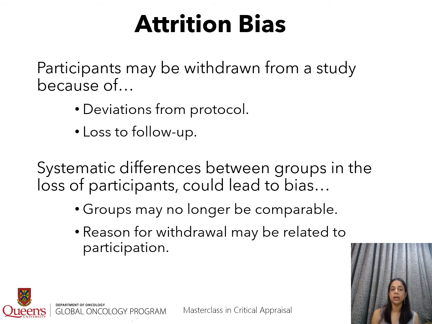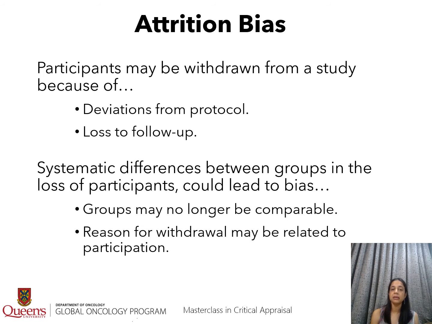Another problem in trials is attrition bias. Participants may be withdrawn from a study because of various reasons, such as deviations from the protocol or losses to follow-up. Now, these ideally should be minimal and should be randomly and equally distributed between the various study arms.